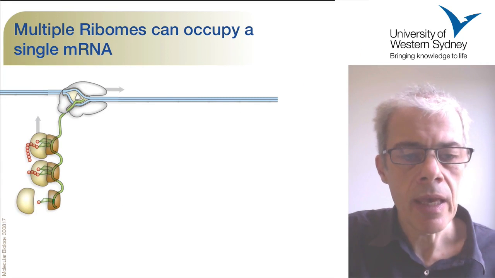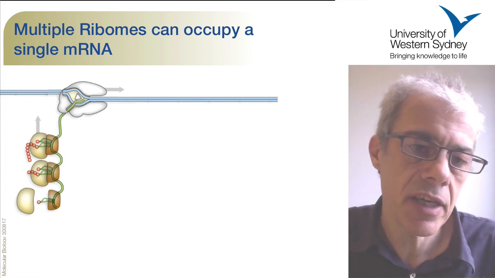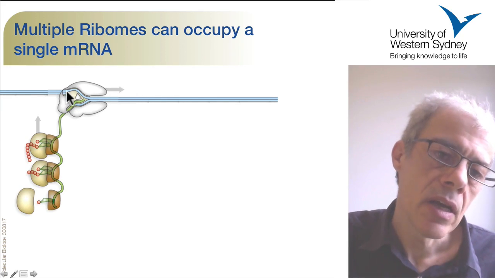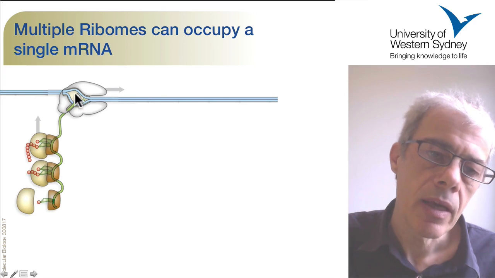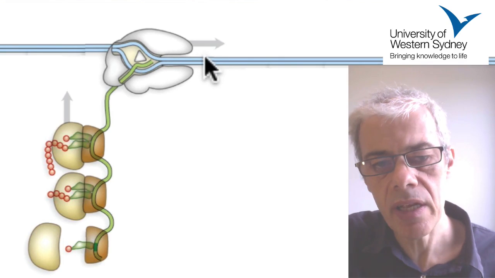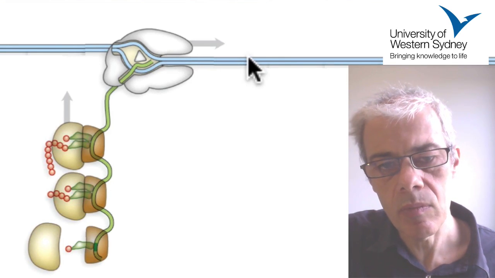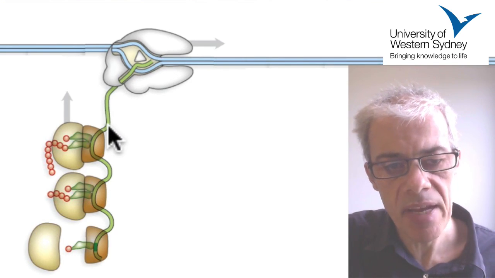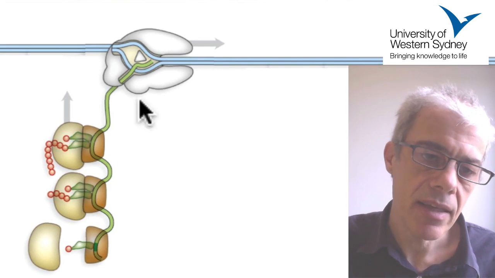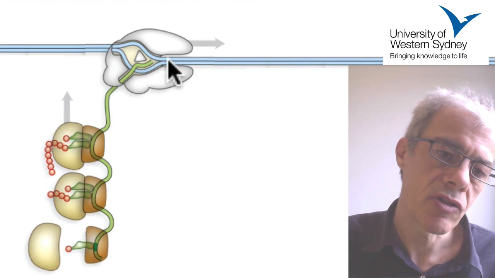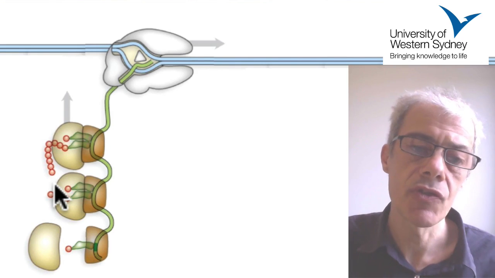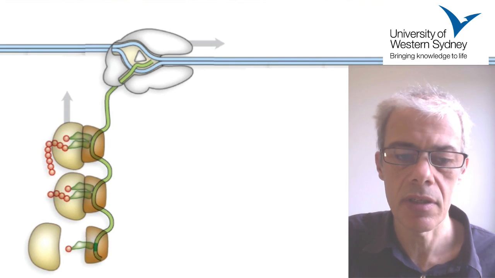And again, this is taken from a figure in the textbook, and I've tried to animate it to sort of explain what's happening here. But here's our double-stranded DNA. Here's our polymerase, which is copying the gene into a messenger RNA. So here's our single-stranded messenger RNA. And then as this process of transcription is occurring, then on the messenger RNA, the process of translation, protein synthesis, is occurring.